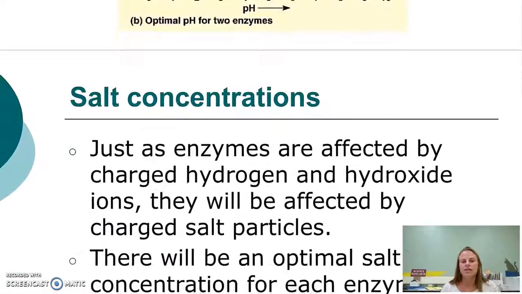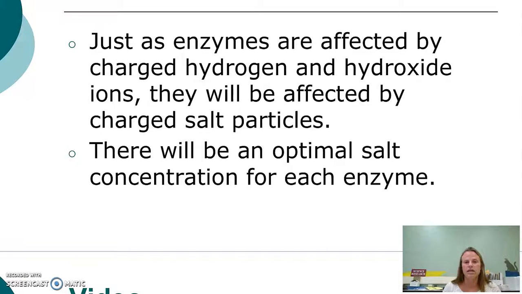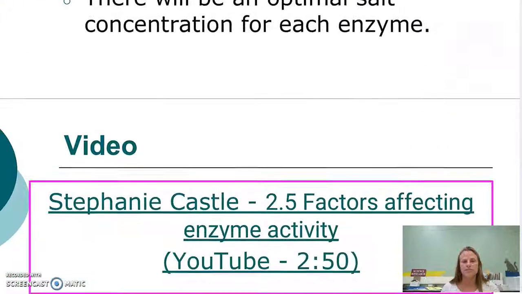So they're also going to be affected by the charged salt particles, because those charged particles are going to interact with the charged R groups, thus disrupting the interactions that were once going on. And there will also be an optimal salt concentration for each enzyme.